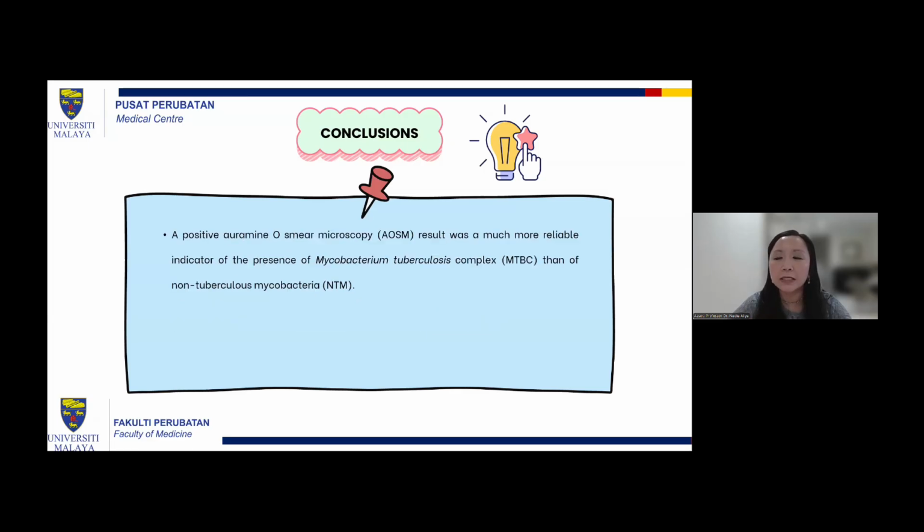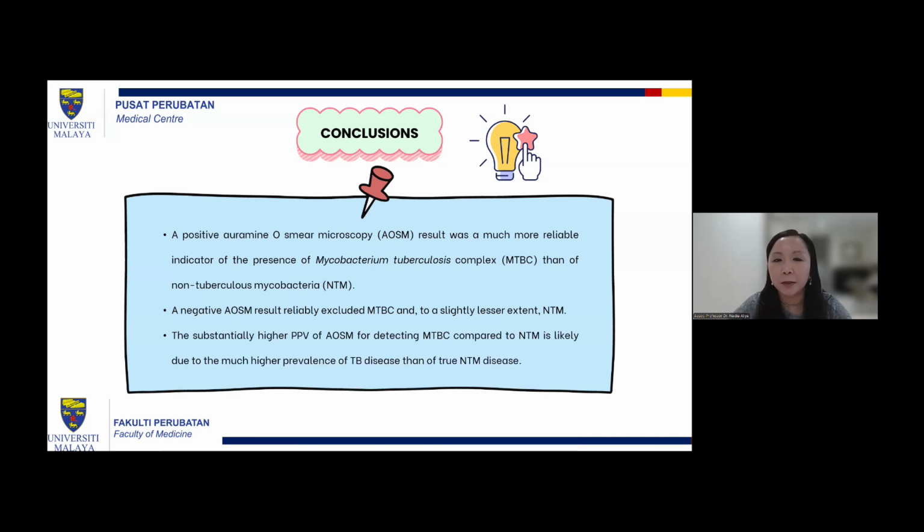A positive Auramine O smear microscopy result was a much more reliable indicator of the presence of MTBC than of NTM, whereas a negative result reliably excluded MTBC and, to a slightly lesser extent, NTM. The substantially higher PPV of Auramine O smear microscopy for detecting MTBC compared to NTM is likely due to the much higher prevalence of TB disease than of true NTM disease in our patient cohort.